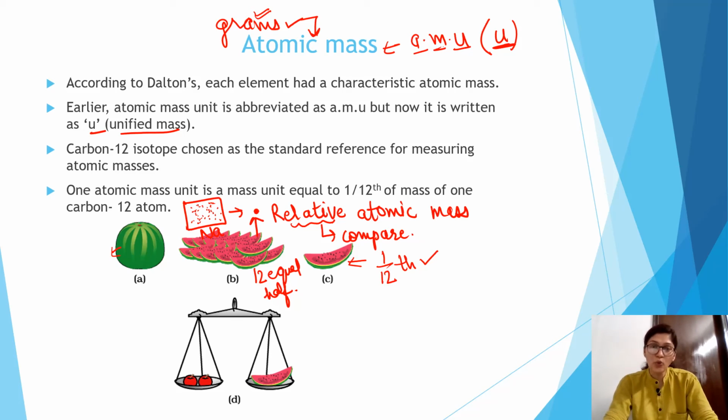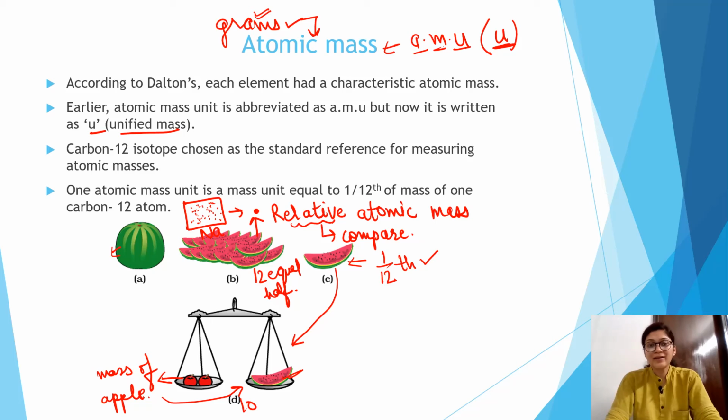And if you want to know the weight of this watermelon, keep it there. And suppose you want to calculate the mass of an apple. You will say that this apple is 10 times heavier than 1 by 12th of the entire watermelon.